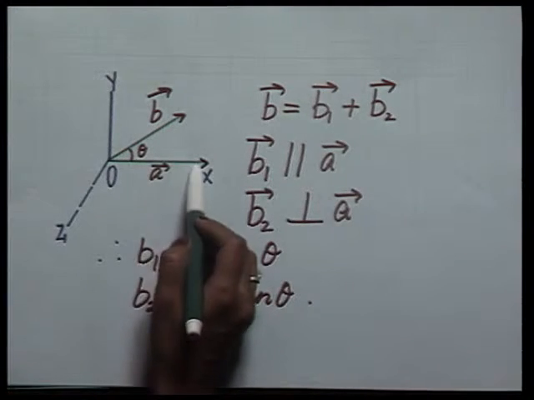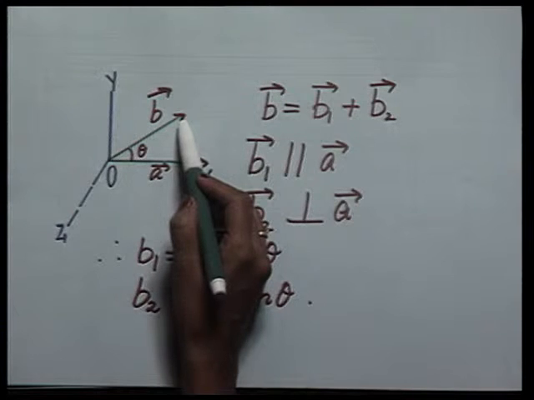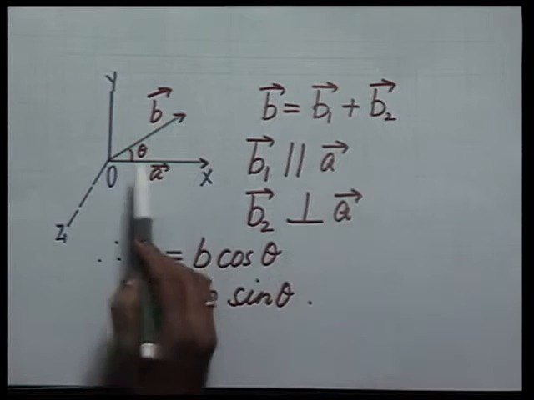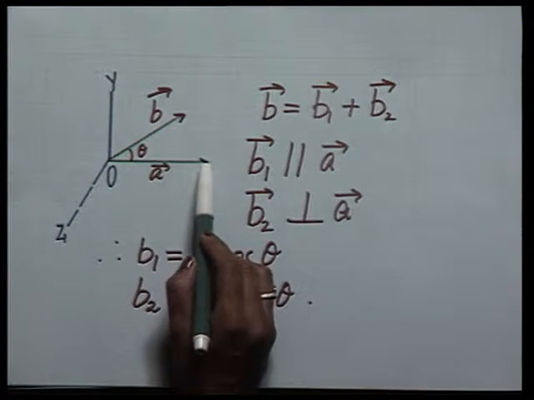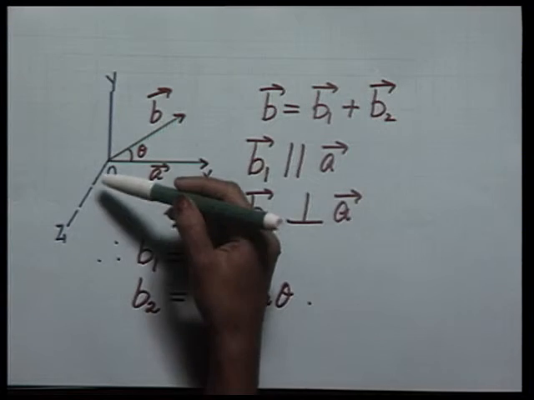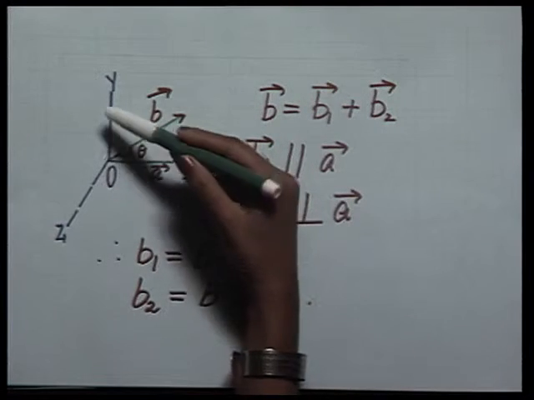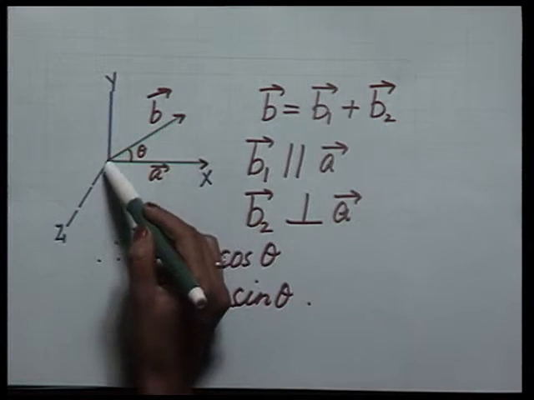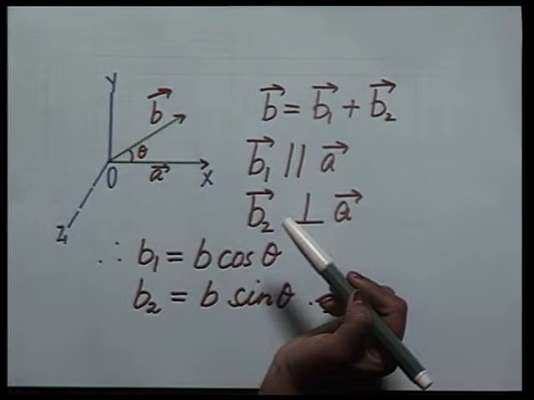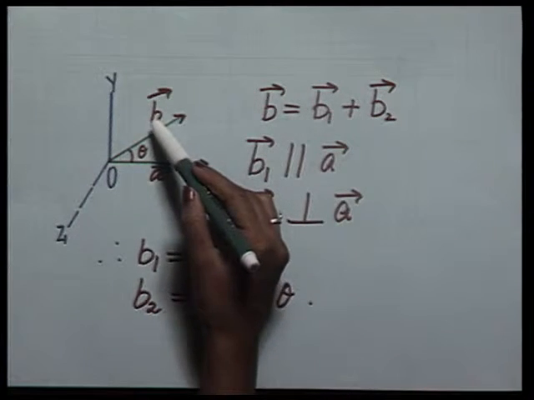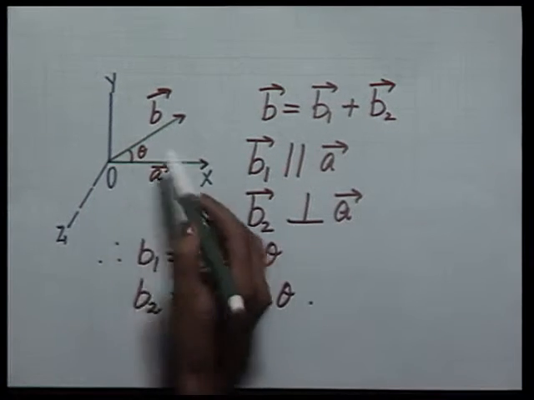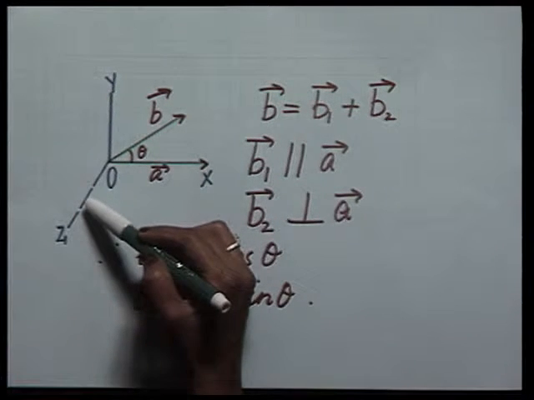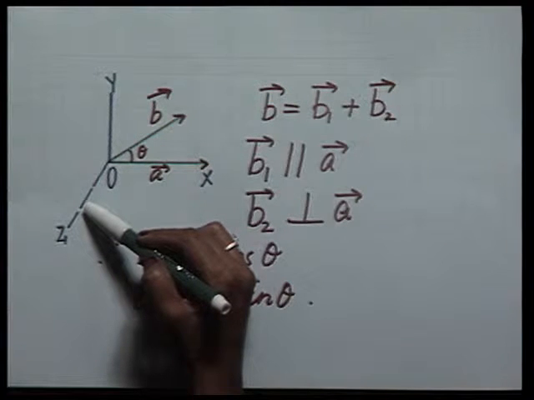This is my vector A and this is my vector B in general, and the angle between them let us call theta. Now, if I think of my vector A as being along the x-axis and the y-axis to be in the plane containing A and B, and then you have your z-axis. Then I can write the components of the vector B along x-axis, y-axis and z-axis as B1, B2 and naturally 0.